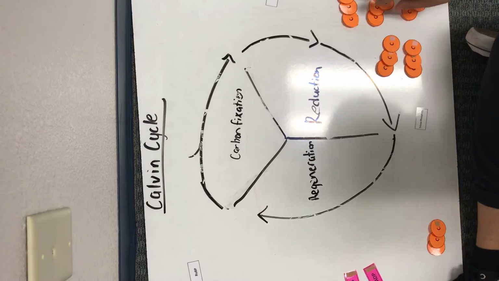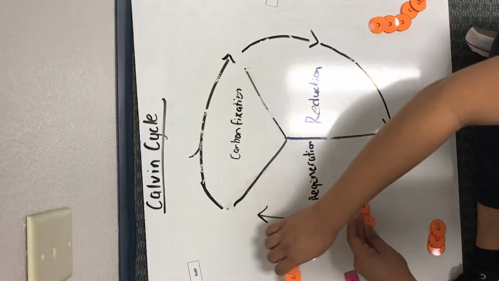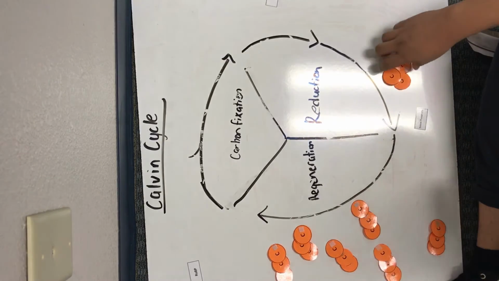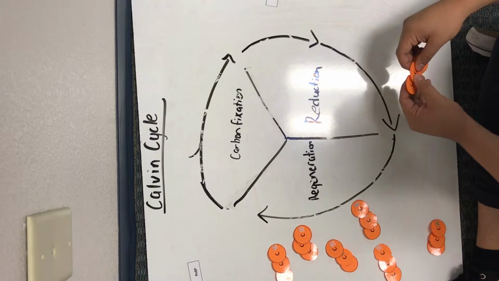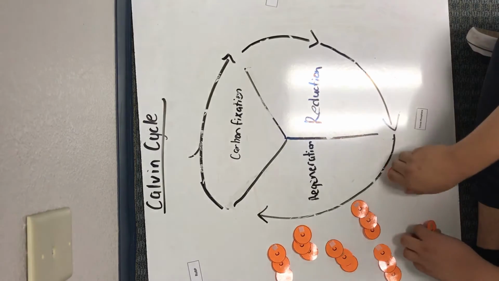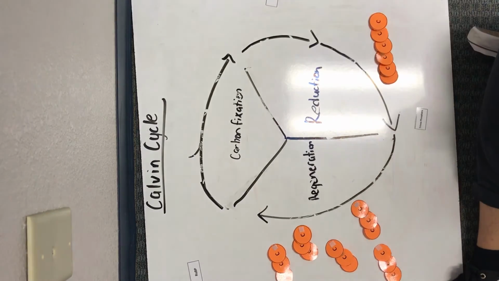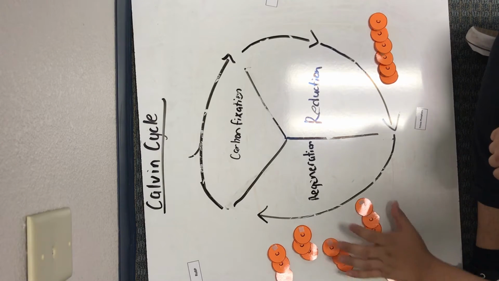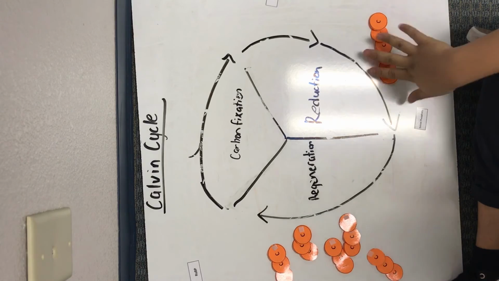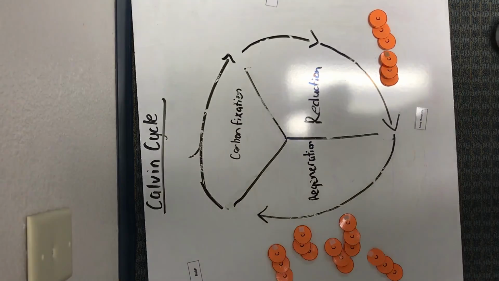And once we have 6 triose phosphate again, the 5 triose phosphate go on into regeneration again, and that 1 triose phosphate that's left over attaches to the other triose phosphate that was left over from the first turn of the cycle, creating our 1 molecule of glucose. So we'd require 6 molecules of RuBP to go through the Calvin cycle to create 1 molecule of glucose, and that is the end of the Calvin cycle.